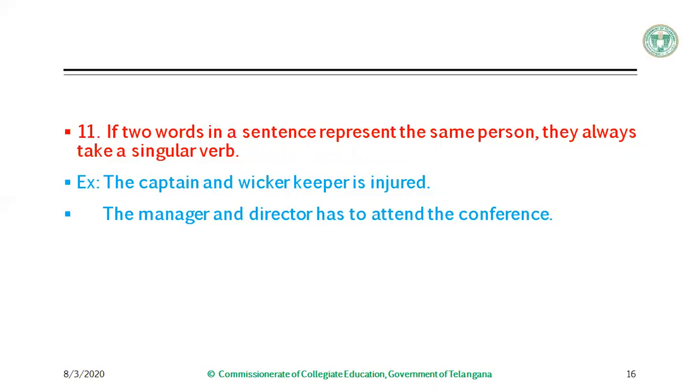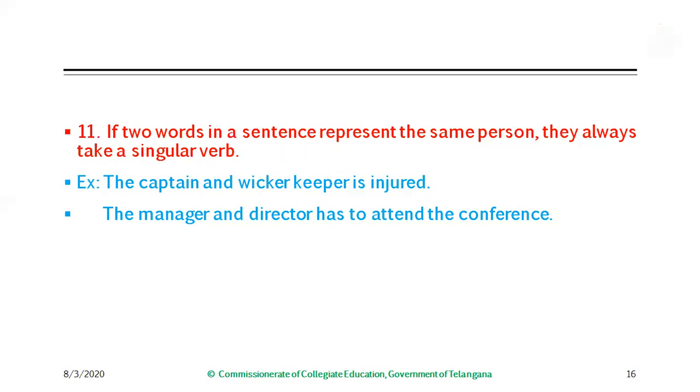The captain and the wicketkeeper, it means the single person plays two different roles, the role of captaincy and the role of wicket keeping. So only one person is there. Singular. So the verb is singular. The captain and wicket keeper is injured.